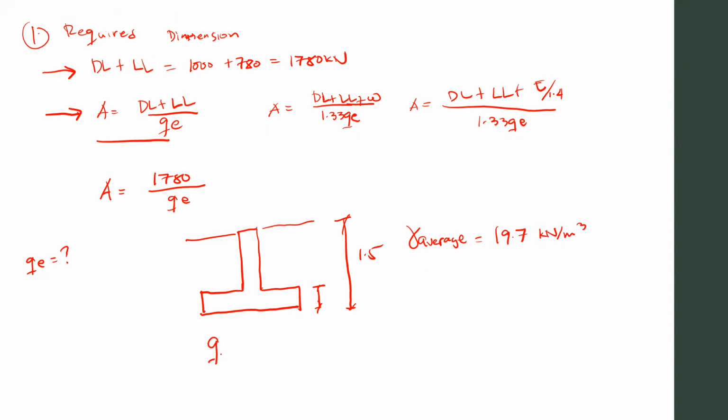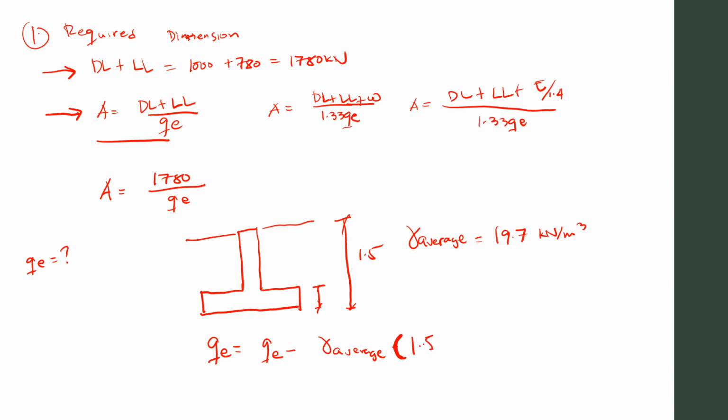Okay? So if you recall your QE, dapat ang pinaka-concept ng QE is kung ano yung matitira, yung matitirang soil bearing capacity na tanging kokontra lang dun sa actual load PU. Kasi yung iba nabawasan na dahil dun sa actual site conditions. So, therefore, that is QA minus the gamma average multiplied mo ng height.